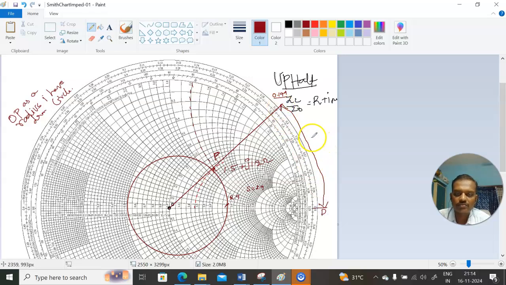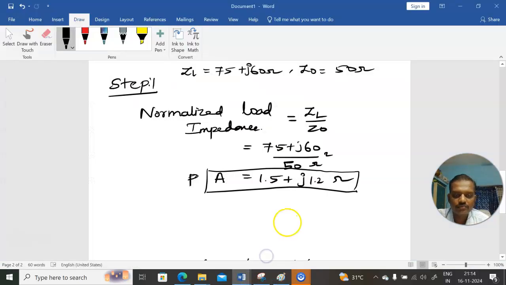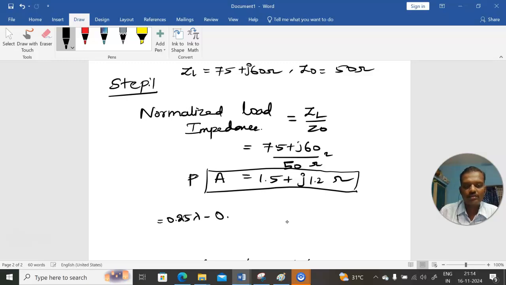The maximum here is 0.25 lambda, so we can obtain the value by the difference, 0.25 lambda minus 0.19 lambda, which gives you 0.06 lambda.